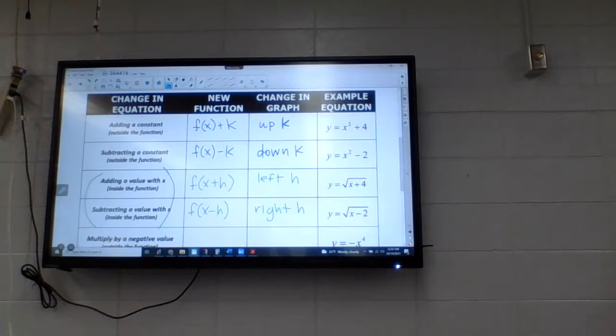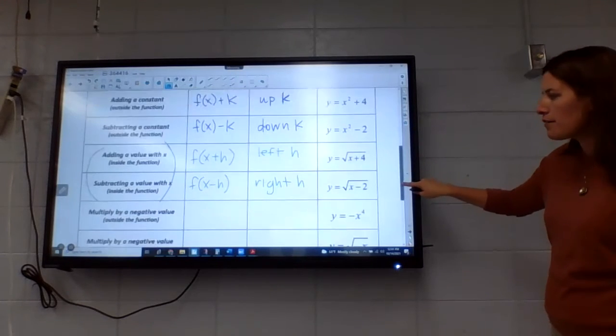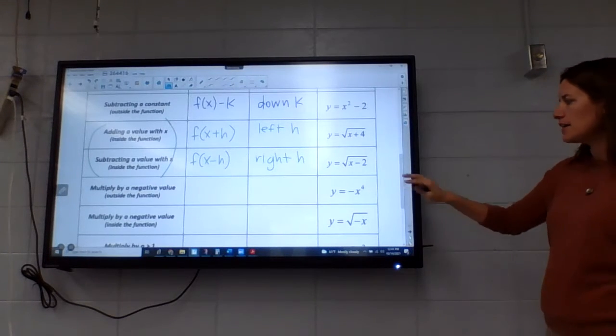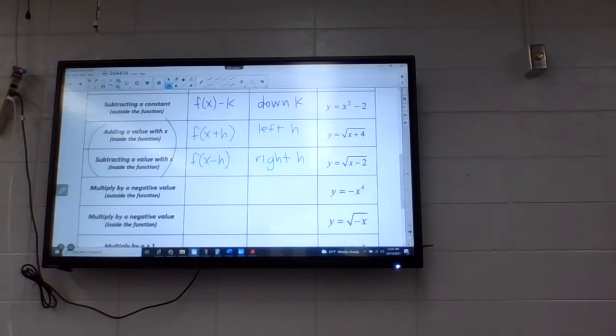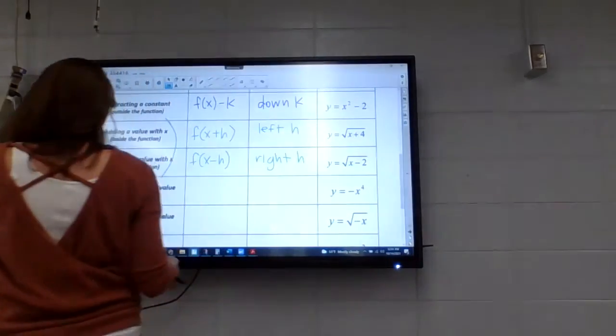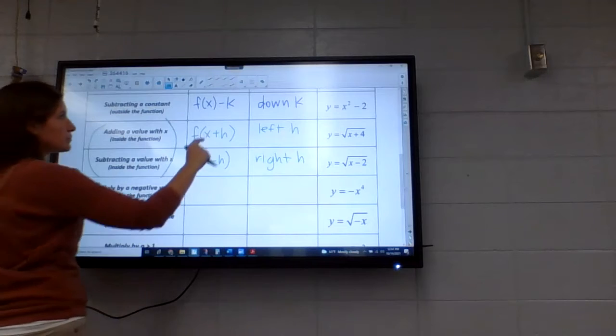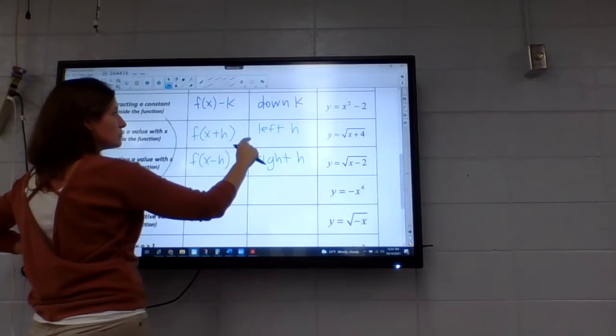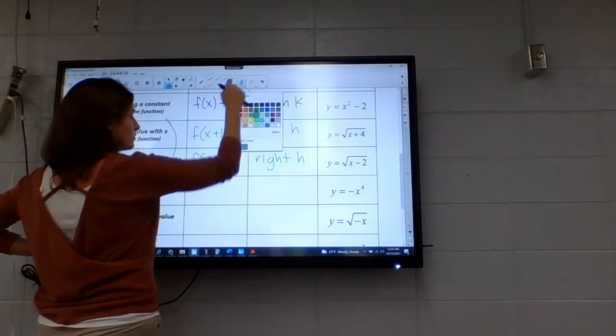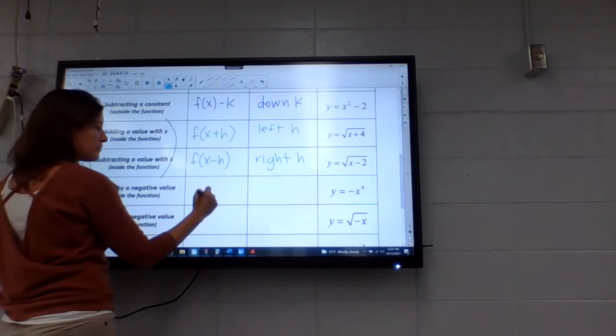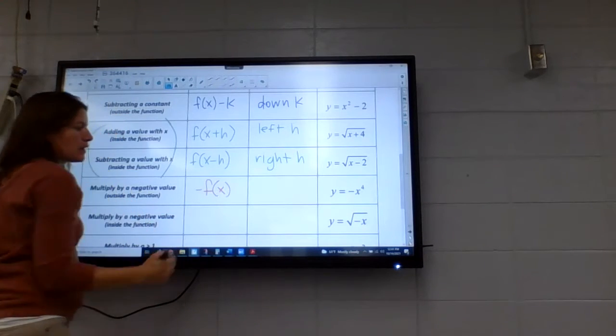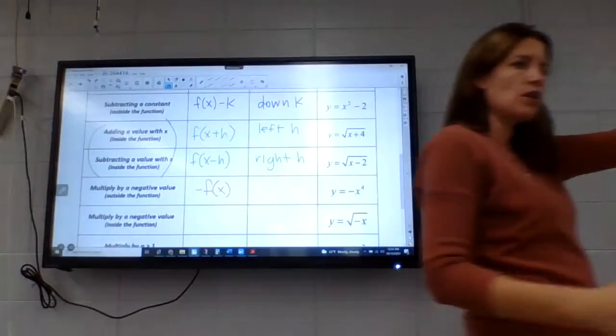All right. What happens when you multiply the function by a negative value? That's outside the function, so the x-axis, you guys, is the horizontal one.